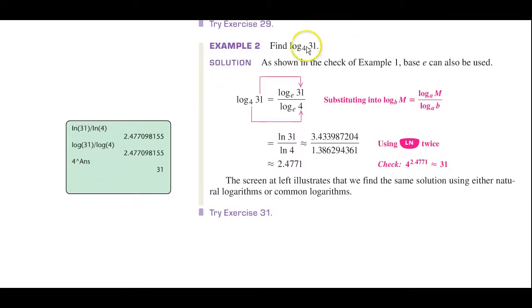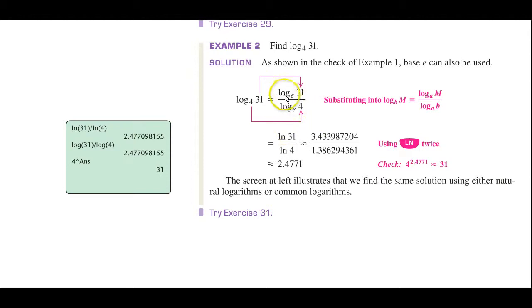So for this one, and now we're using natural logarithms, but since they're giving you E here, it's just going to be log 31 divided by log 4.